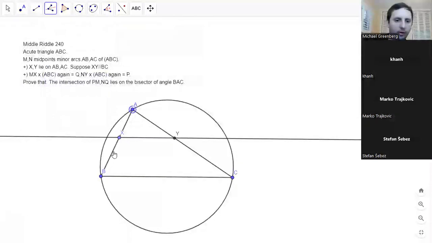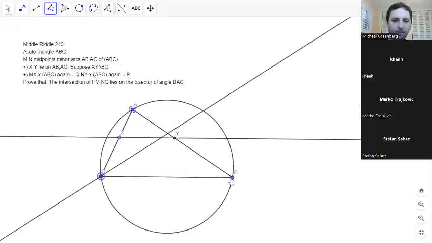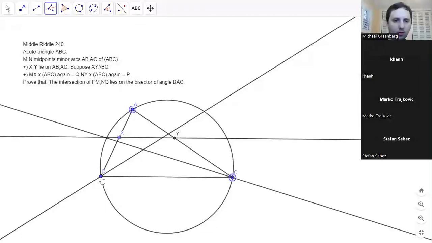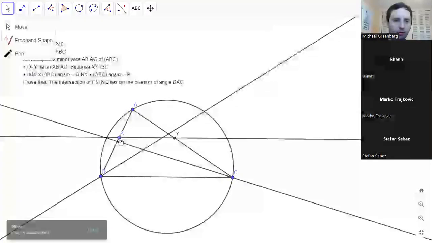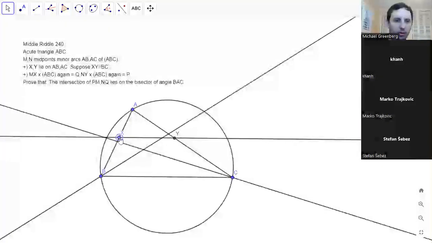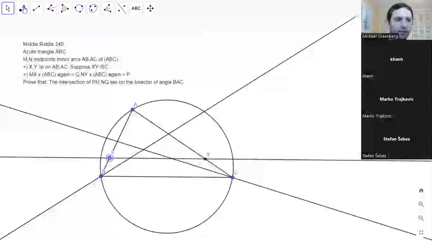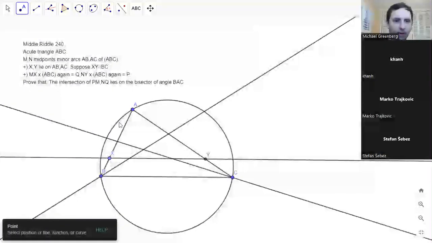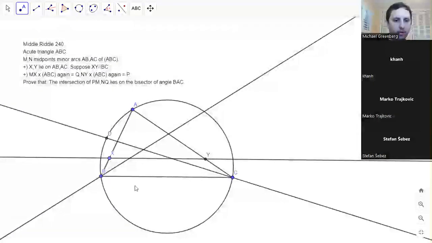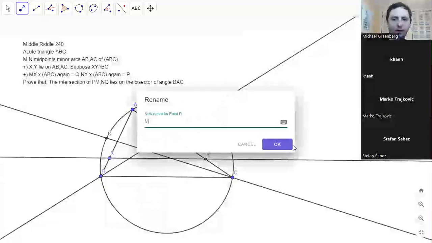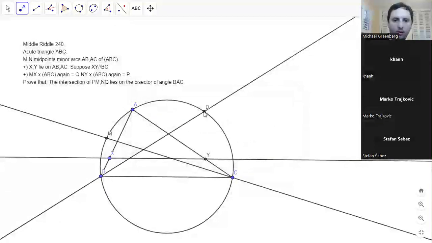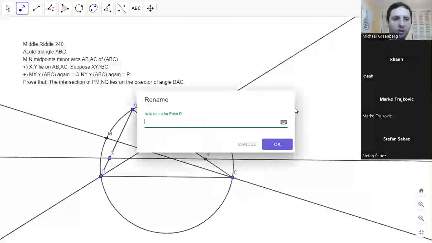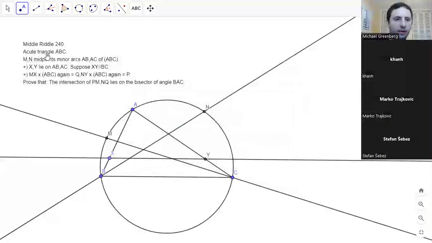That would probably be good. Let's move this out of the way. So if I move X here, so this is M, and this is N. And then MX intersects the circle at Q, and NY intersects it at P.